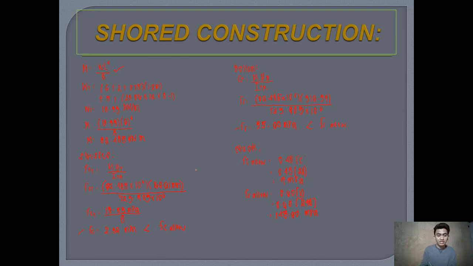So both stresses at extreme fibers are less than the allowable stresses, which means the stresses at extreme fibers are adequate under shored construction.